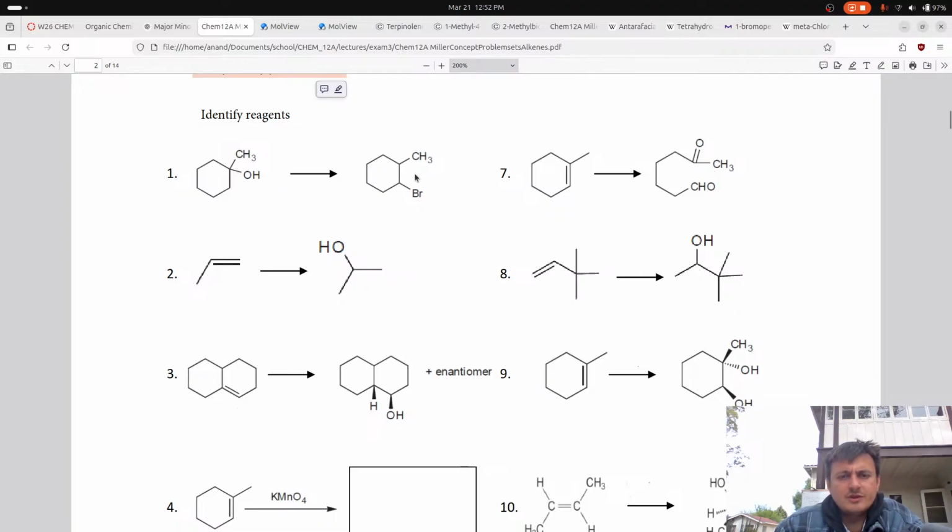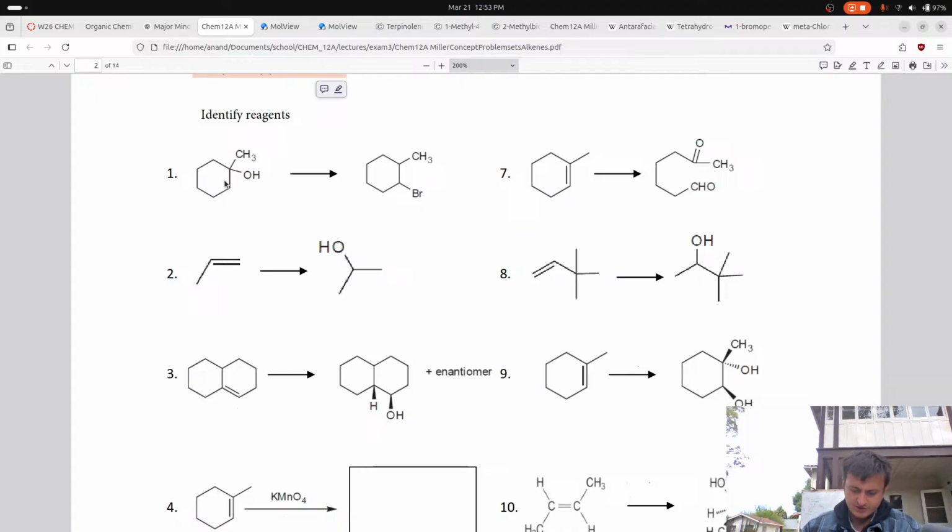Because what we are doing here is the hydrohalogenation of... Well, but there's no alkene, so it's not really what we're doing. The first thing is, how do we make an alkene from an alcohol? Well, we want to add a strong base.